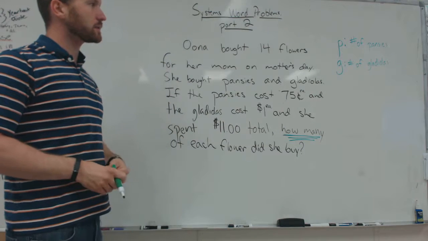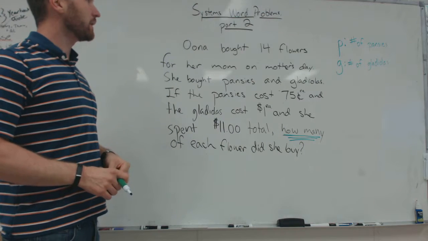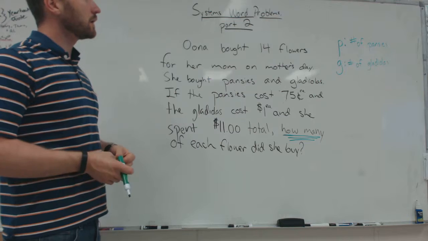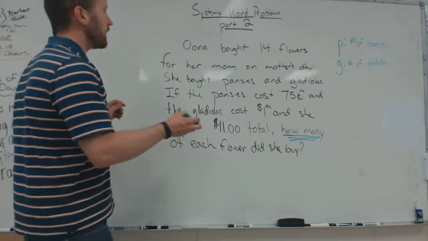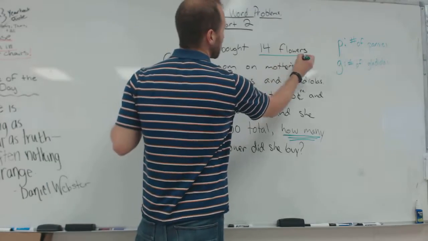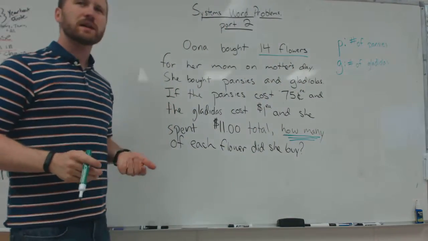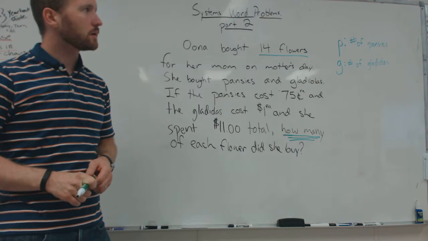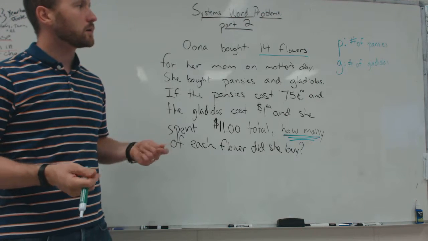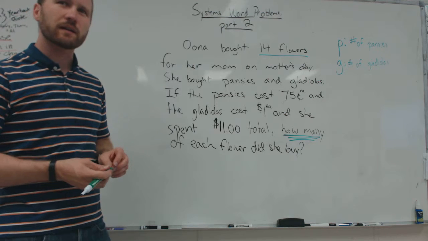Now we're going to look at this huge paragraph and try to figure out what types of equations we could write. She bought 14 flowers. What does that mean? That's the total. So what would equal 14?